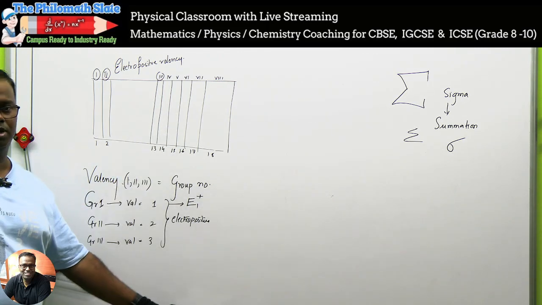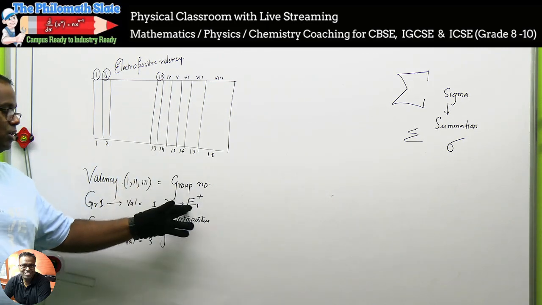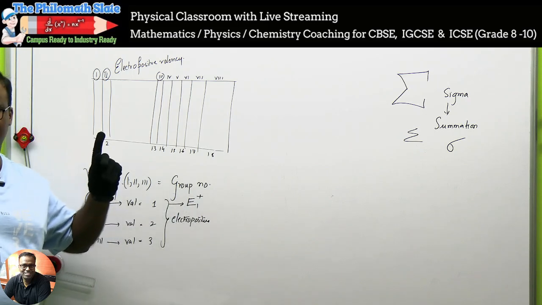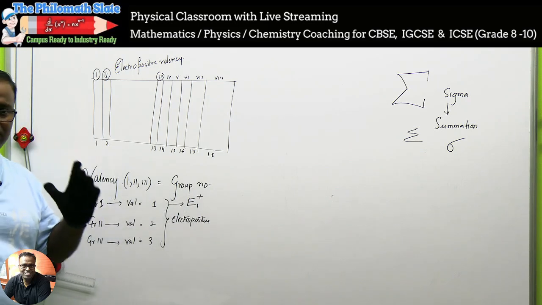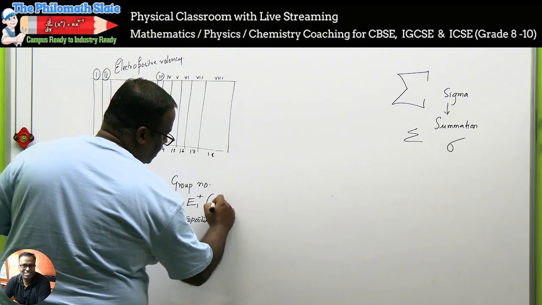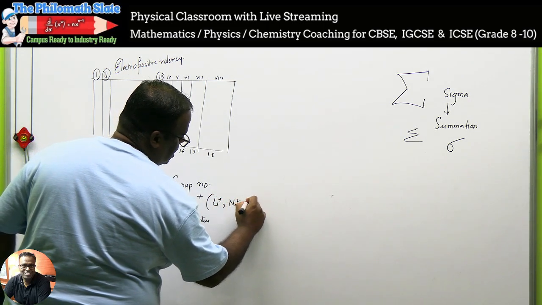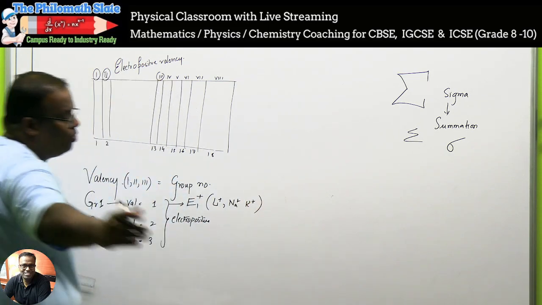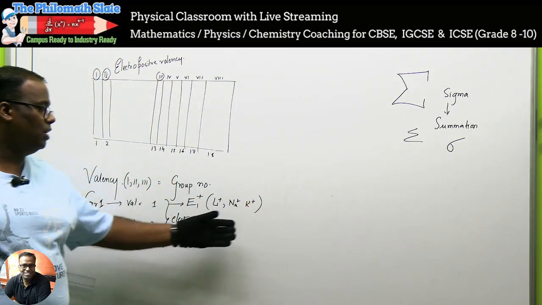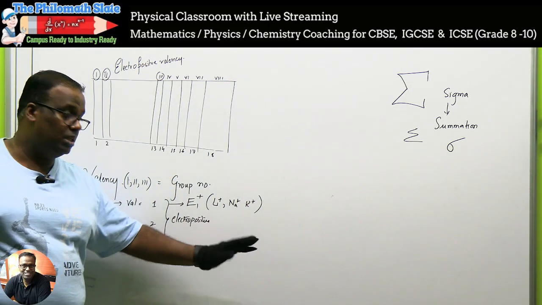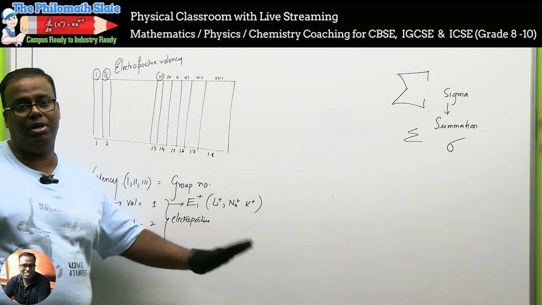So they will always form plus. Do you understand this? So lithium will always be Li plus, sodium will be Na plus, potassium will be K plus. You should know only 1 to 20 now. So I'm writing all your 1 to 20s. Have you got this? This should sit firmly in your mind.